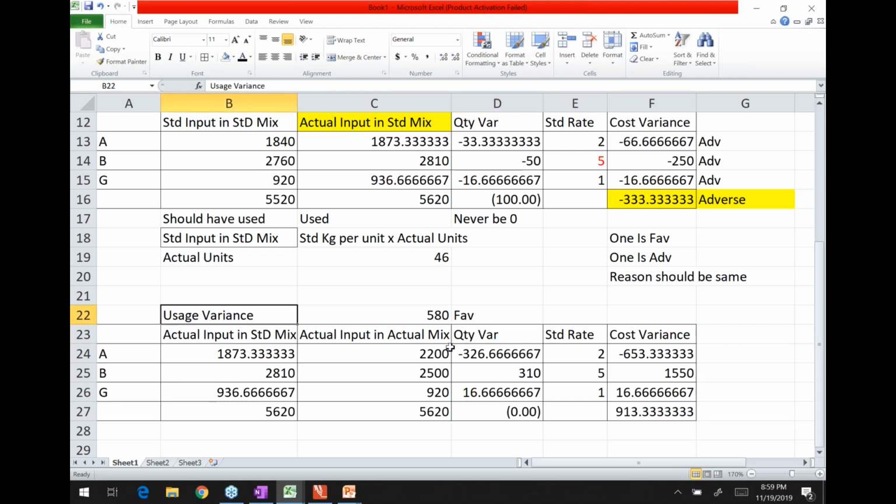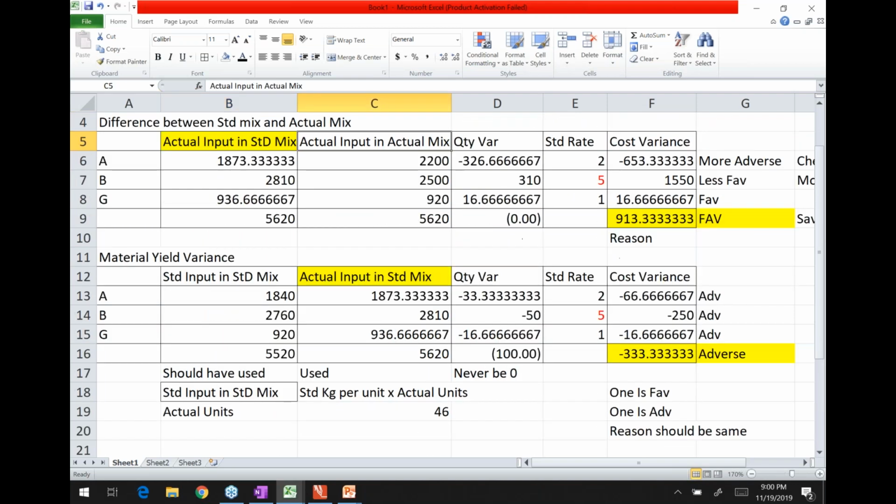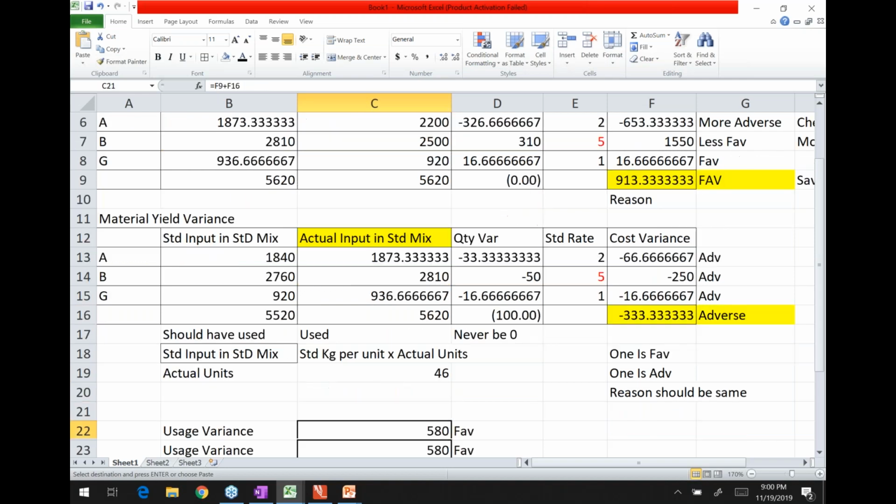Now, the secret is: use the second column of mix. Write it down. Use the second column of mix. See, I just copy pasted that.